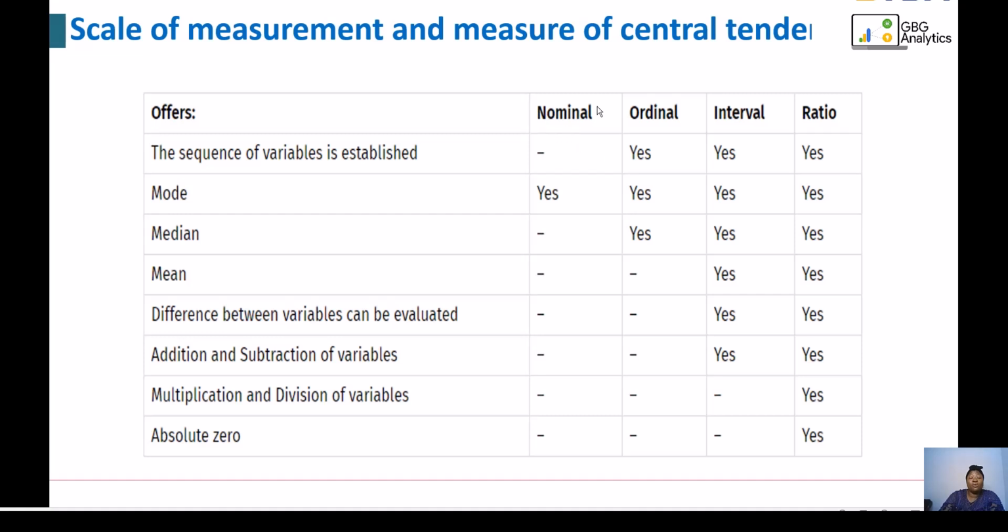While this is not possible for a nominal variable except for the mode assessment. But for the ordinal, you can only order the sequence of the variables, and we can establish that fact. We could assess them using the mode and the median, while others are not possible.